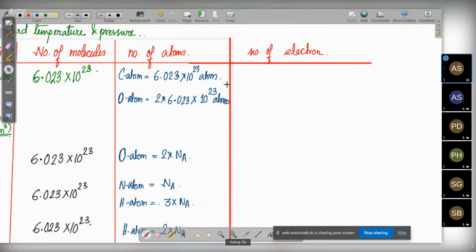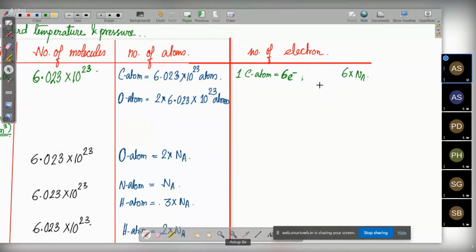You have to remember this from the periodic table. Therefore, Avogadro number of atoms of carbon will have 6 into Avogadro number of electrons.